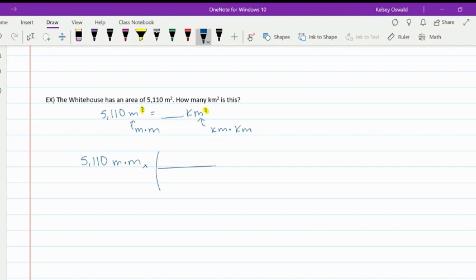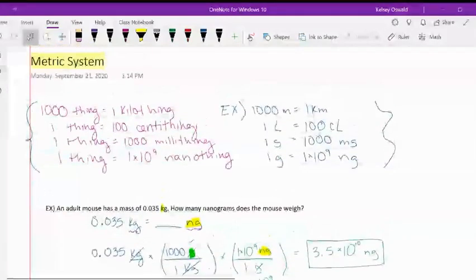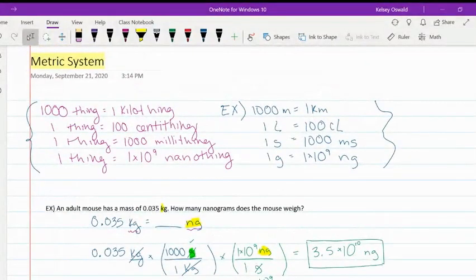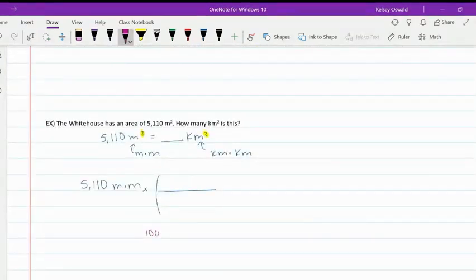We want to cancel out meters, and our goal is to get to kilo. So we're going to look up at our conversions and see if we have a relationship between meters and kilo. That's going to be this first one right here: there are 1,000 meters in 1 kilometer. If I want meters to cancel out, I need to put meters on the bottom of my fraction, so I have 1 kilometer over 1,000 meters.